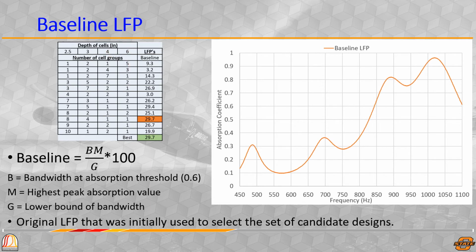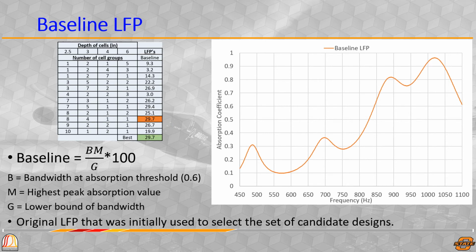Each liner was then calculated using ZKTL and the baseline LFP to get the LFP numbers you see on the right of the table. The best being the one that has 8 2.5-inch resonators, 4 3-inch resonators, 1 4-inch resonator, and 1 6-inch resonator. The graph for this liner is on the right and is color-coded with the best LFP for that result.